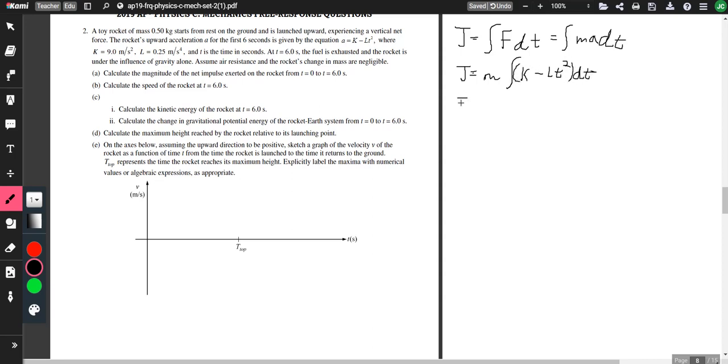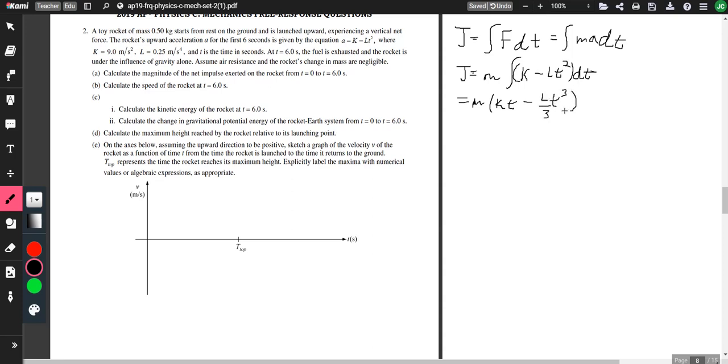So take it one part at a time. K is going to end up being k times t. I'm just going to add a t onto it. For the L term, I'm going to add 1 to the exponent, which makes it a 3, and divide by 3.